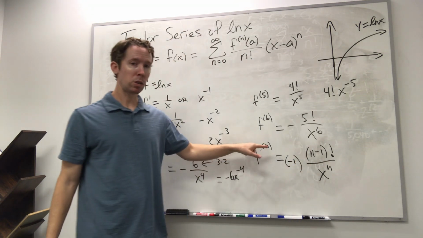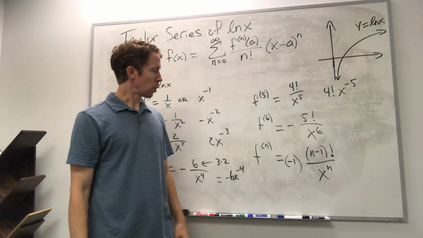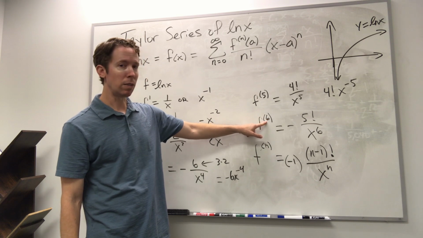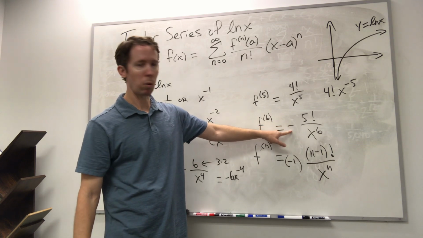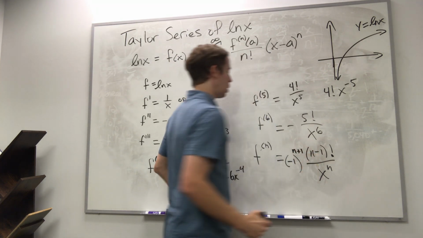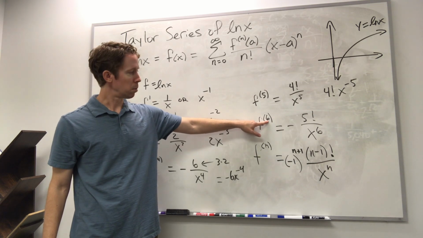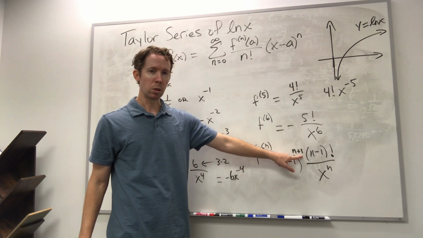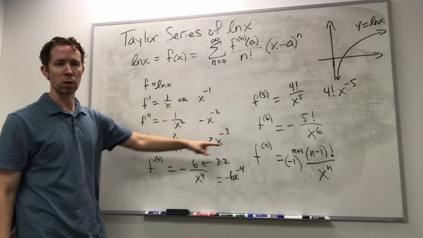And when I raise it to a power, I'm just going to raise it to either n or n plus 1. So if I raise it to the nth power, then when n is even, I will have negative 1 to an even power. That would give me a positive, but I want a negative. So I'm going to try n plus 1. Now what that's going to do is every time I get an even number as my n, I'll have negative 1 raised to an odd number, which will give me a negative. That's what I have here, and here and here. So I've got the pattern.